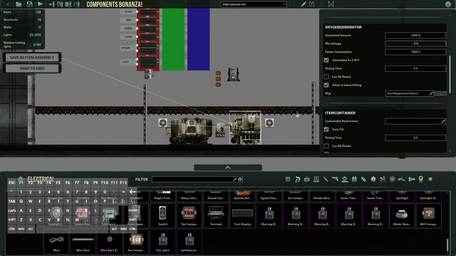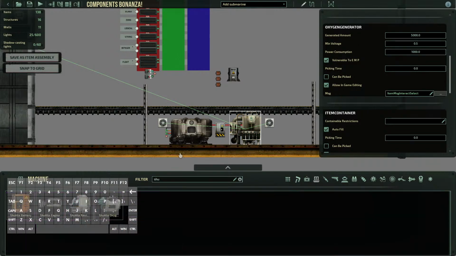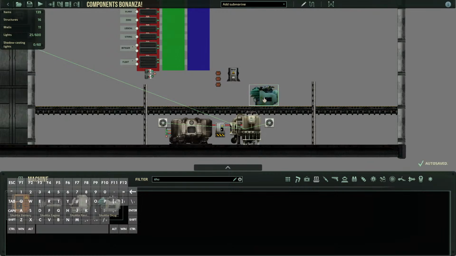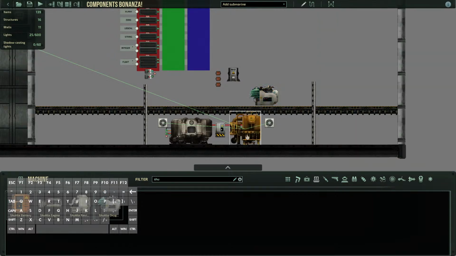If you have 2 oxygen generators, I think there's a shuttle one, isn't there? Hang on. Shuttle oxygen generator. So this guy consumes, let's make this 800 just for demonstrative purposes. If you were to connect this guy and this guy to this junction box to be powered from this reactor, the sum total load would be 1,800.